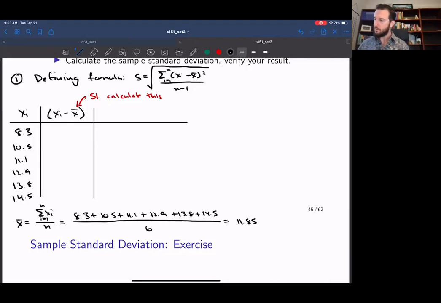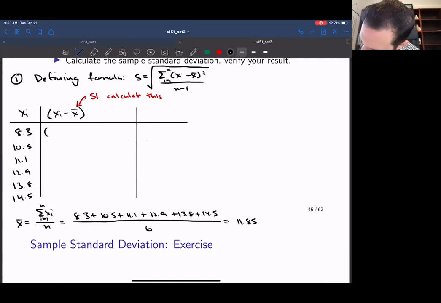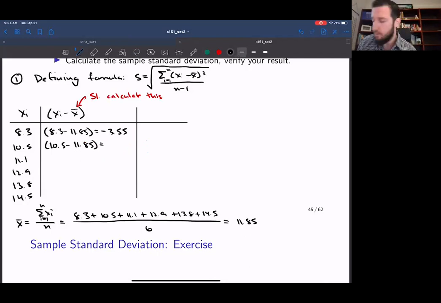Right? Okay, so now I'm just going to move this over so we have a little more room here. So now we're going to take each value and subtract the mean. As an example, we're going to have 8.3 minus 11.85 is equal to negative 3.55. And then 10.5 minus 11.85 is equal to negative 1.35.